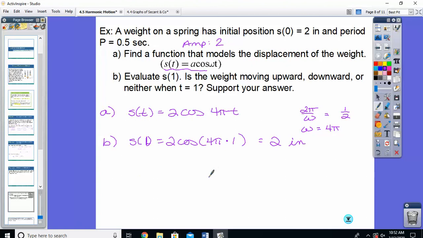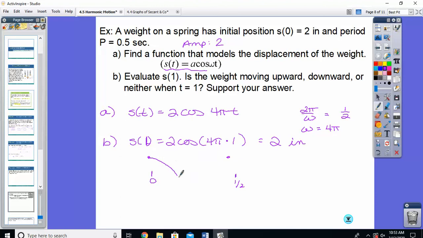It might help you if you're struggling with that to just draw yourself an extremely basic graph. Okay, we are starting at time 0. The period, so the length of time until this thing repeats, is 1/2 second. So we started at a height of 2, and at a 1/2, we would be back up there, because that's our period. That's how long it took to repeat.